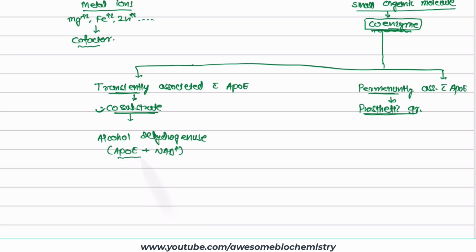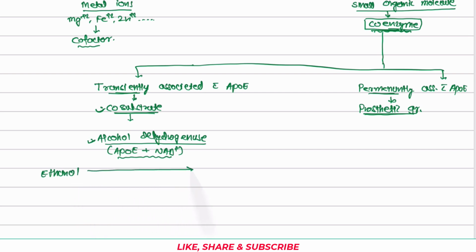This association gives rise to the complete holoenzyme assembly of alcohol dehydrogenase. What this alcohol dehydrogenase does is catalyze the conversion of ethanol to acetaldehyde.